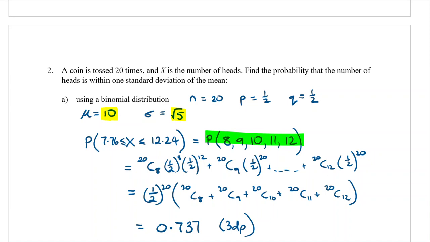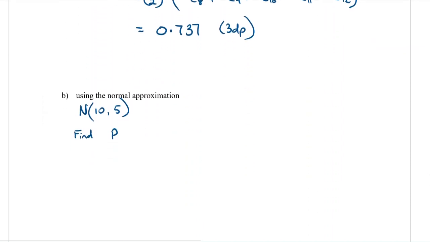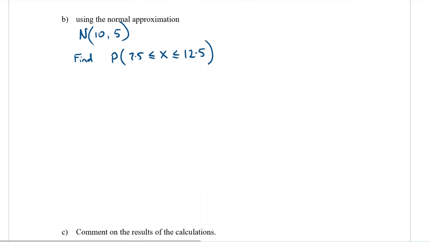So using my continuous scale, what am I going to find between? So 7.5, between 7.5 and 12.5. Half below my lowest value, half above my highest value. So I need to find the Z scores for each of those. Let's do them underneath. You might end up just doing this part in your calculator at some stage, but I'll write the calculation down.